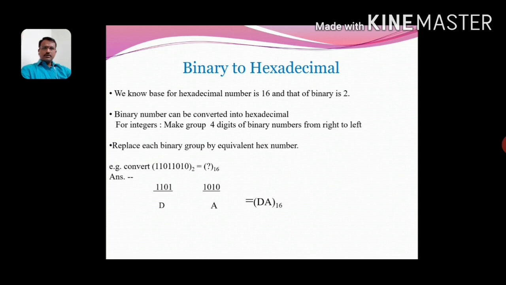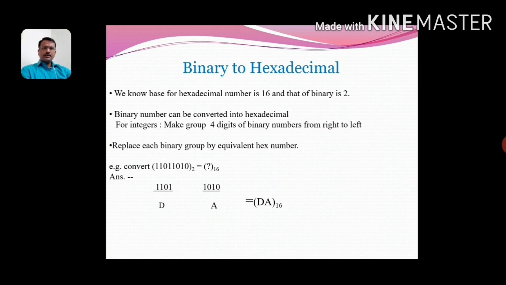So how to convert? If a binary integer is given to you, make groups of 4 binary digits from right to left and replace each binary group by the equivalent hex number. That equivalent hex number can be obtained from the previous table. Here one example is given: 1101 1010.